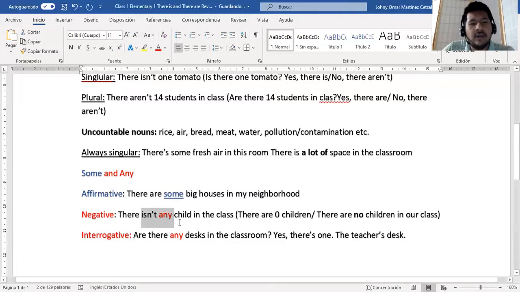No hay ningún, and in this case, any is ningún niño en la clase. Okay, all of them are the same. And finally, are there any desks in the classroom? Hay algunos o simplemente hay escritorios en el salón. Yes, there's one. Sí, hay uno, el del profesor.